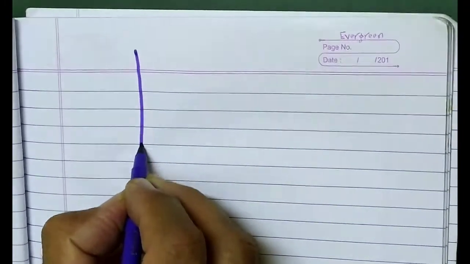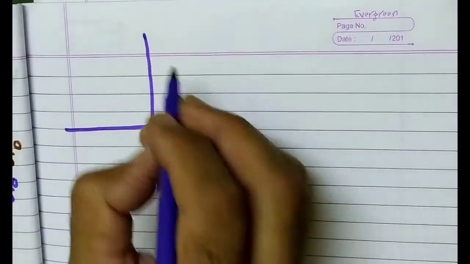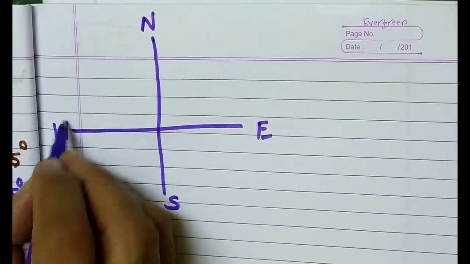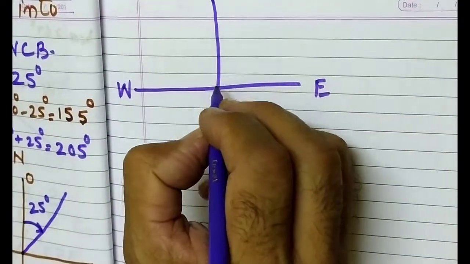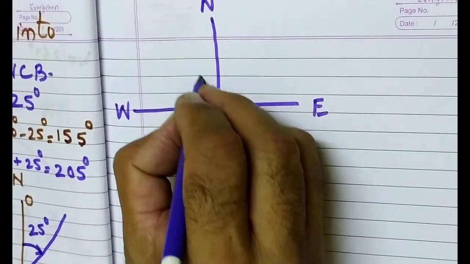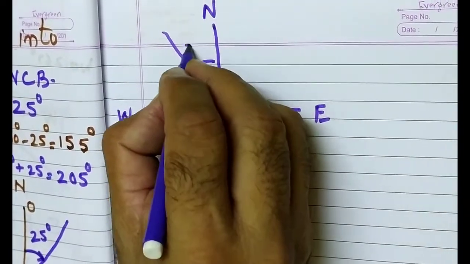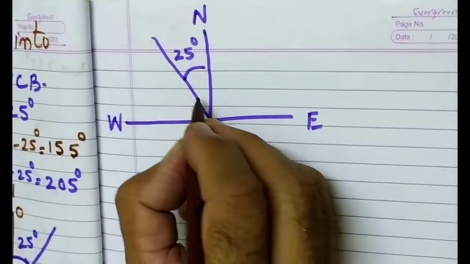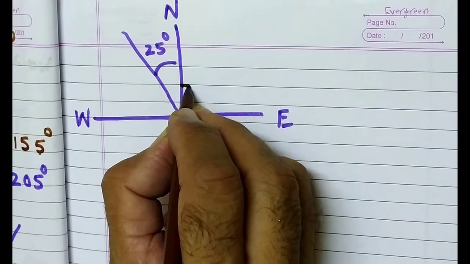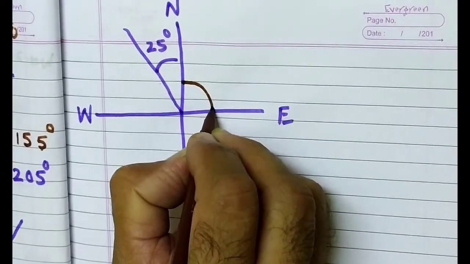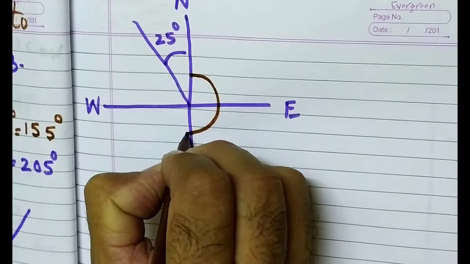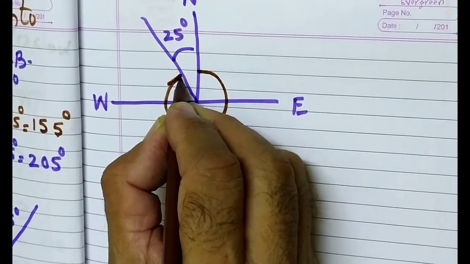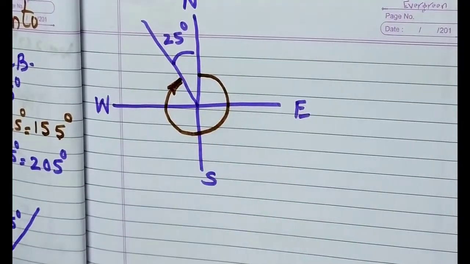So now I will take the next quadrant. This is the northwest quadrant. Again north, south, east, west. So this is 25 degree northwest. This value is this 25 degree. Okay, 25 degree northwest. So we have to again measure the bearing of this line with reference to north in the clockwise direction. All whole circle bearings will be recorded in the clockwise direction. This you should remember. This is the angle. This angle we can calculate now.